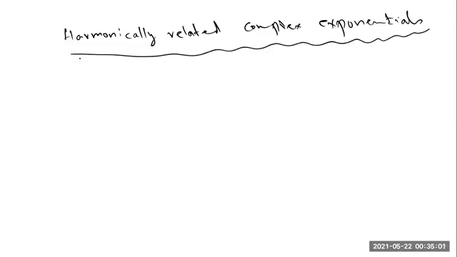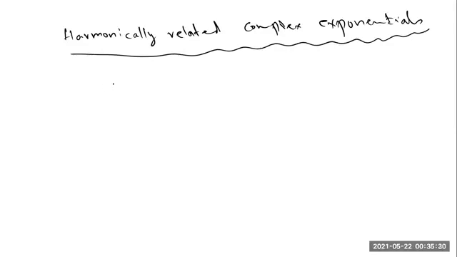Just to remind you, there are a number of complex exponential signals. All of them are periodic with a different fundamental period. But why are they called harmonically related? Because there is one period that is common for all of the complex exponential signals. Based on that, we call them harmonically related complex exponentials.